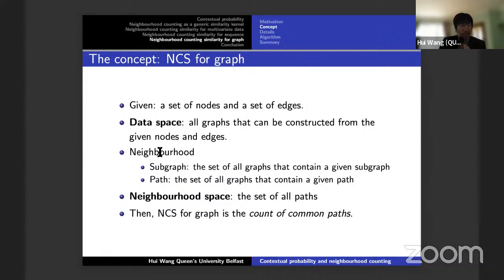Then the neighborhood can be defined in different ways, but these are the examples. Given a graph, each neighborhood can be a subgraph. But a neighborhood can also be a path within this graph. And then the neighborhood space would be the set of all neighborhoods.